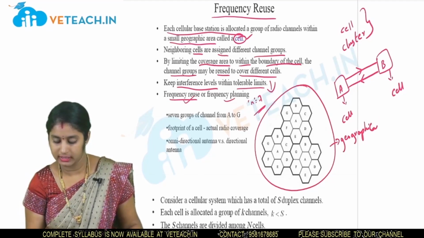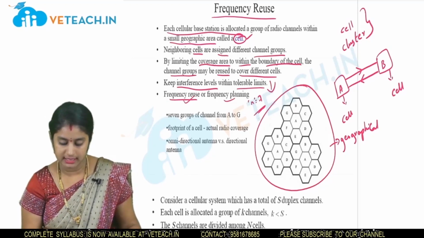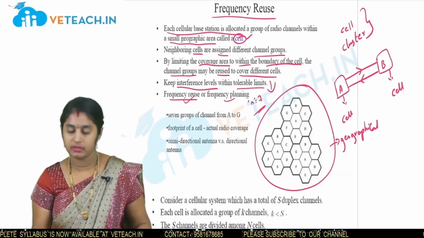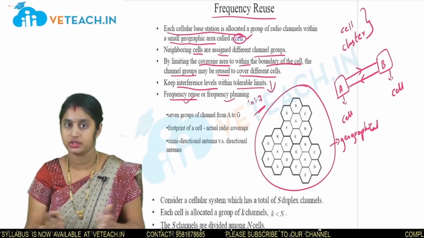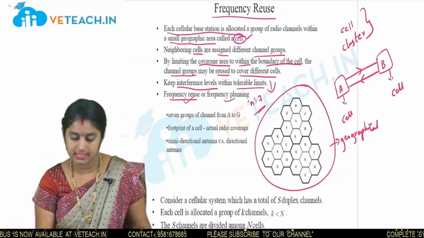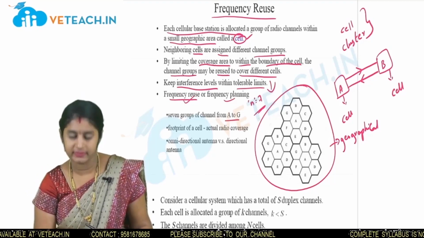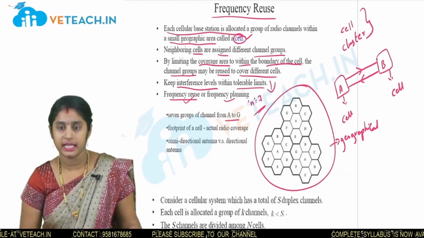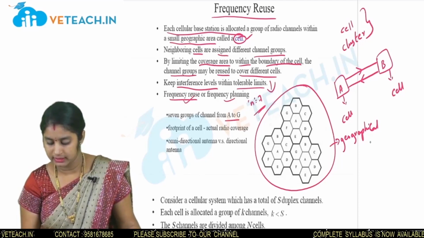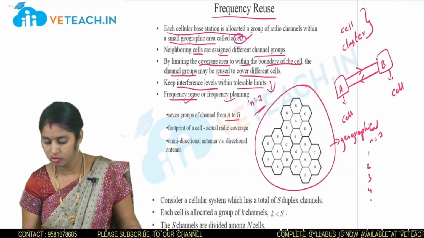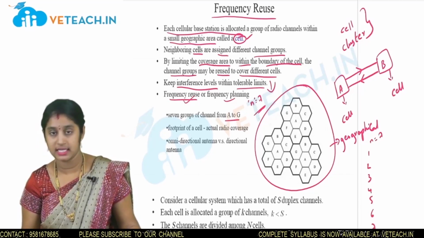In this geographical area we are establishing cells, and the number of cells used to construct the area is 7. So n equals 7, and those 7 channels are named A to G. So 1, 2, 3, 4, 5, 6, 7 cells are there.